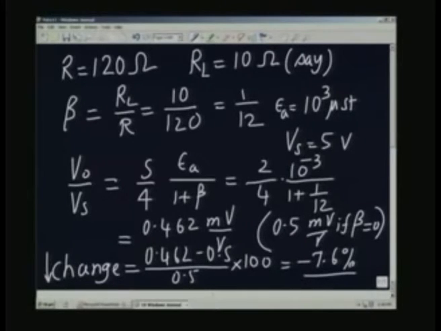So, a constant value of minus 7.6% is the reduction in the response of the strain gauge because of the lead wire resistances.